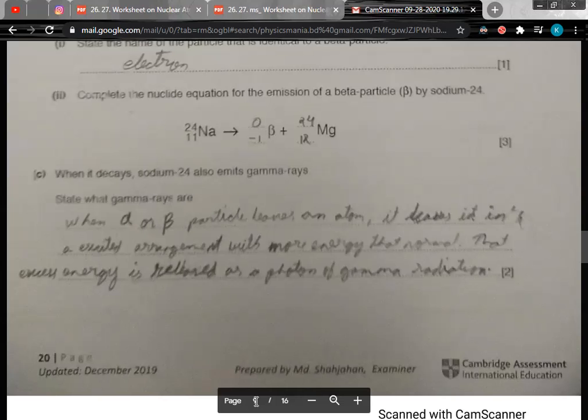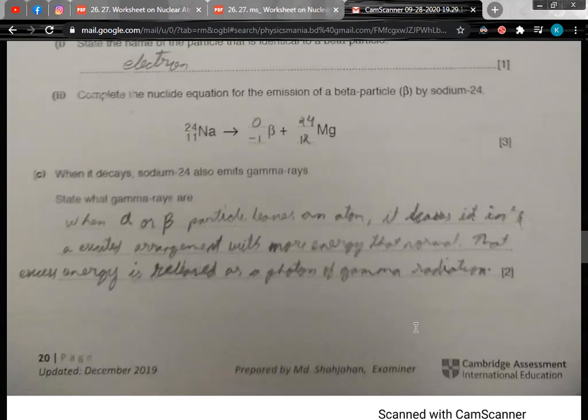They are asking you the properties only. Gamma rays are electromagnetic waves. This one you write. Then write that gamma rays are chargeless and have high penetrating power. These ideas you should bring here.